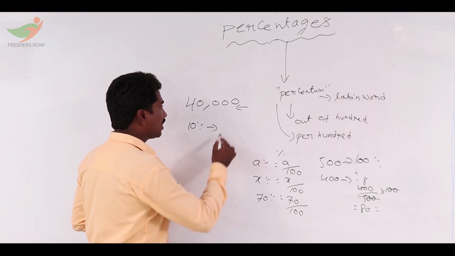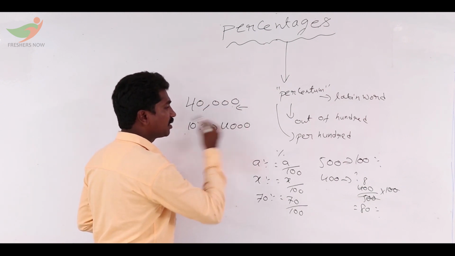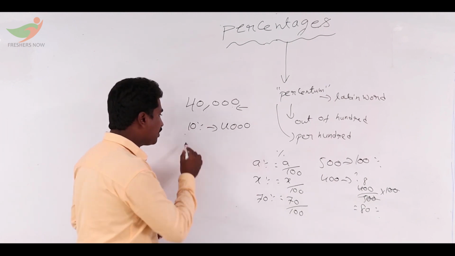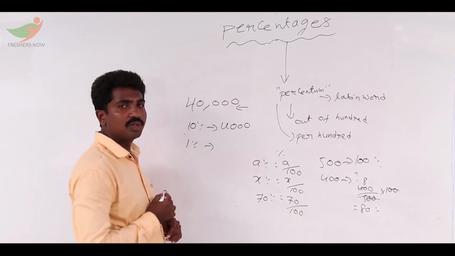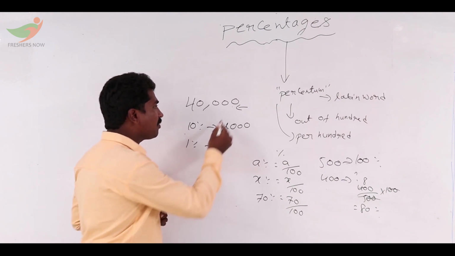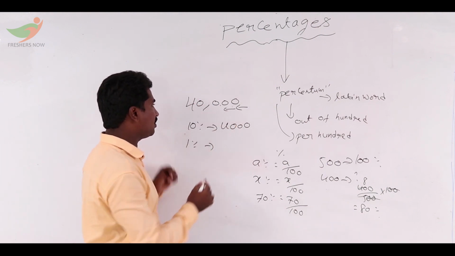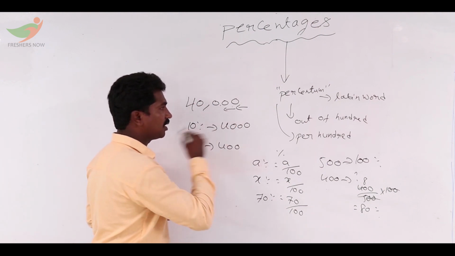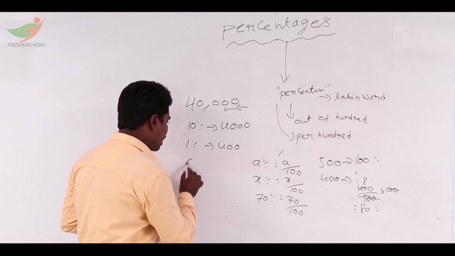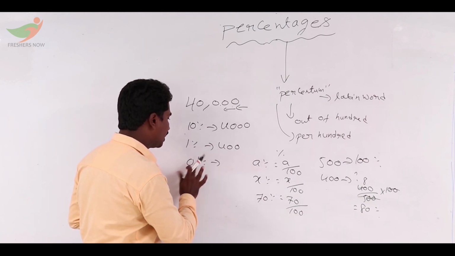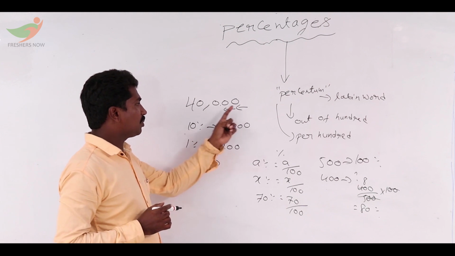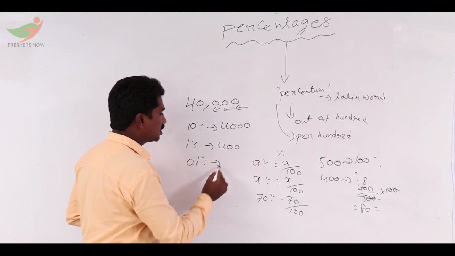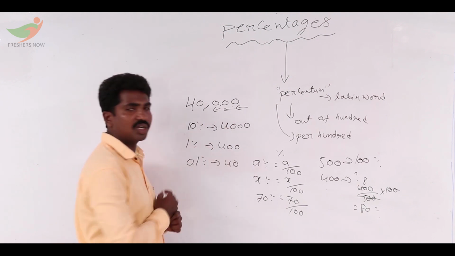Here, the 10% value is 4,000. To find the 1% value, put a point after two digits from right. Here, the 1% value is 400. If you want to find the 0.1% value, put a point after 3 digits from right: 0.1% value is 40.